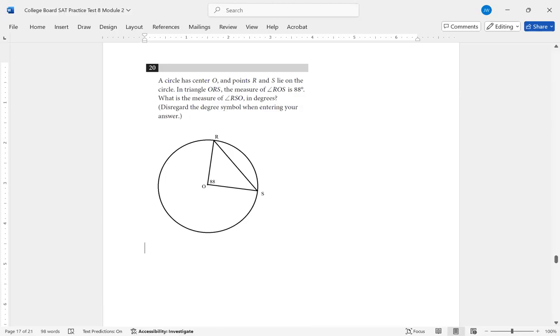Now, here's the deal. We're looking for the measure of RSO. I'm just going to call this the measure of the angle at S of the triangle, and I'll call ORS the measure of the angle at R. So the measure of the angle at R has to be equal to the measure of the angle at S. Because if you look at the sides opposite, those are equal to each other because they're both the radius of this circle.